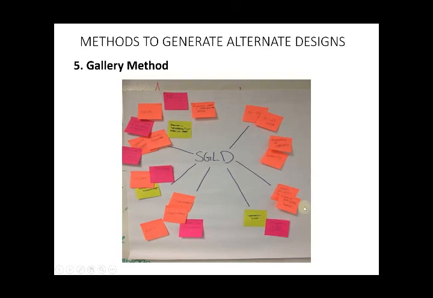After this, discussions will be done on the different design concepts mentioned by each of the designers, and they will discuss in detail which can be a workable idea and which cannot. That is known as the gallery method.